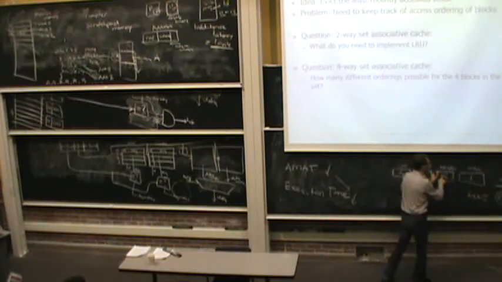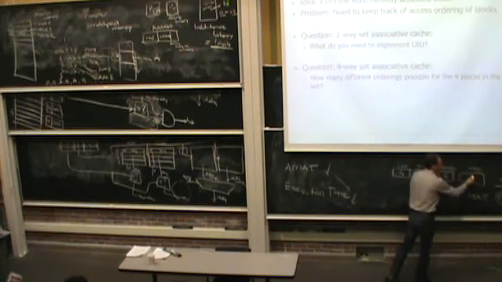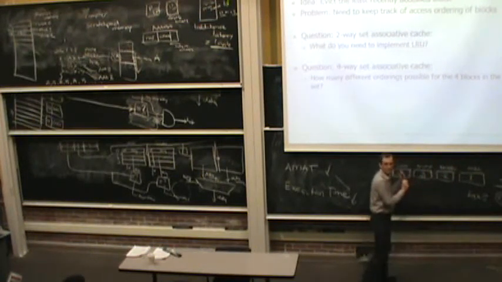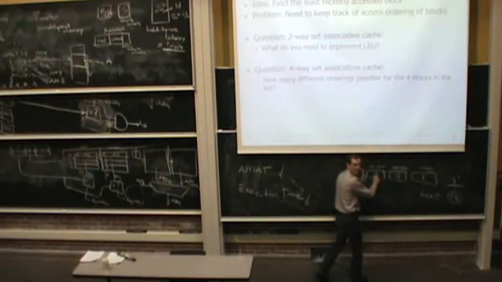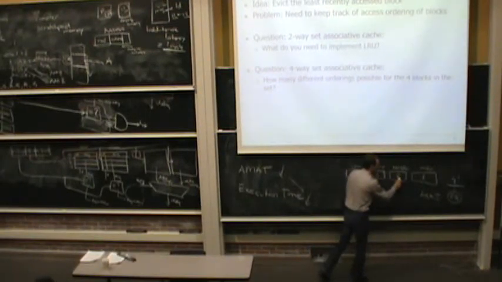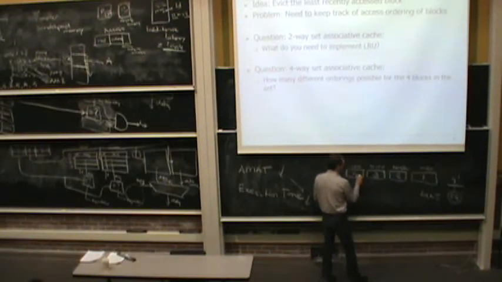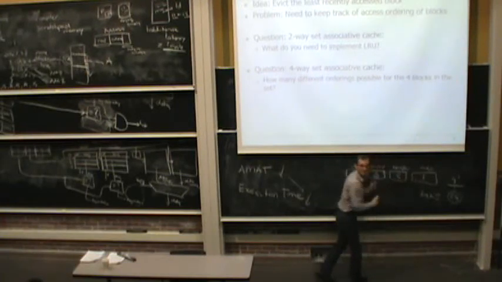Among the remaining 2 blocks, any 2 blocks can be the next least recently used. And now for most recently used, only 1 block can be most recently used. So in a sense, you have these bins, and 4 things can go to the first one, 3 things independently can go to the next one, 2 things independently can go to the next one. So you have 4 times 3 times 2 times 1 possibilities.